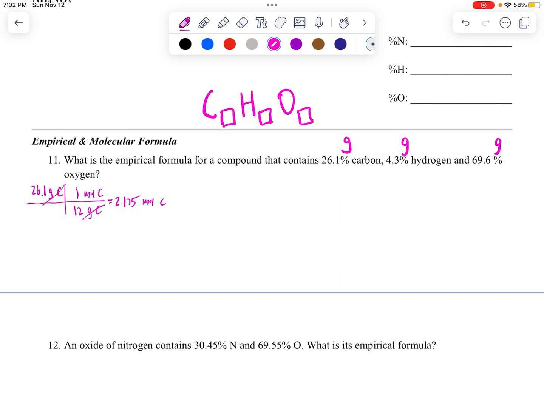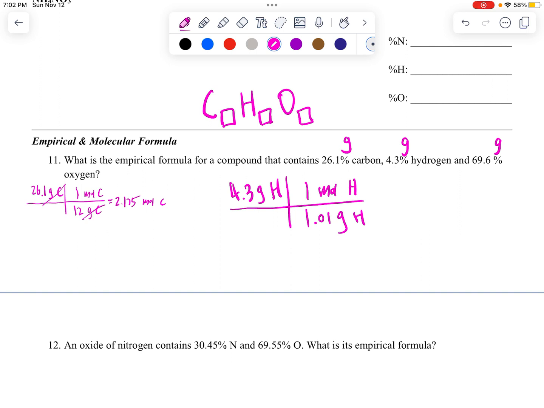Okay, so what about hydrogen now? We have 4.3 grams of hydrogen. Look on the periodic table and you'll see that 1.01 grams of hydrogen is 1 mole of hydrogen. If you don't know where I got that 1.01 from, some periodic tables will say 1, some will say 1.01, some will even say 1.008.